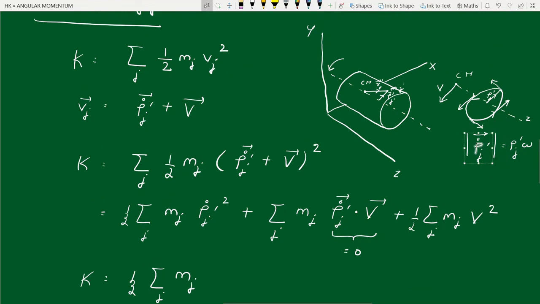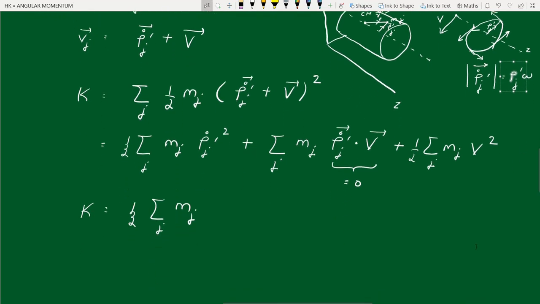Look at this expression: this vector rho j is undergoing rotation. When a vector is undergoing rotation, its magnitude is not changing, only the direction is changing. Then the magnitude of the rate of change of the vector we can write as the magnitude of the vector times the angular velocity omega.